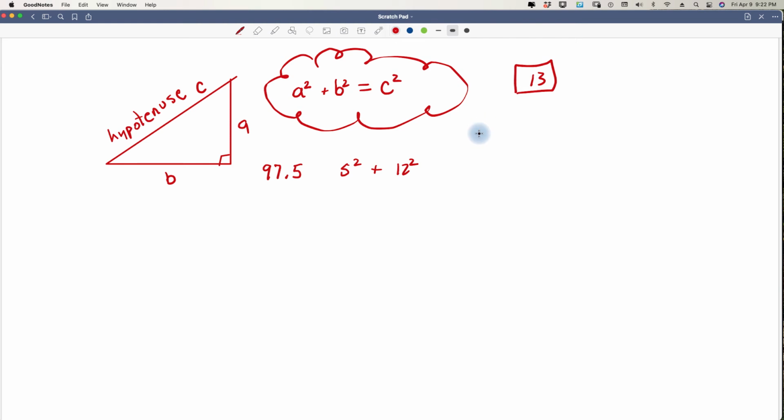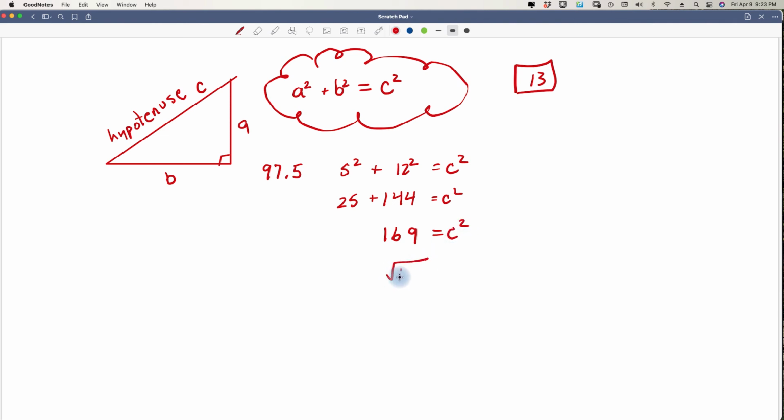So let's put that in a box up here. That's c squared, right? That's 25 plus 144 equals c squared. That's 169 equals c squared.